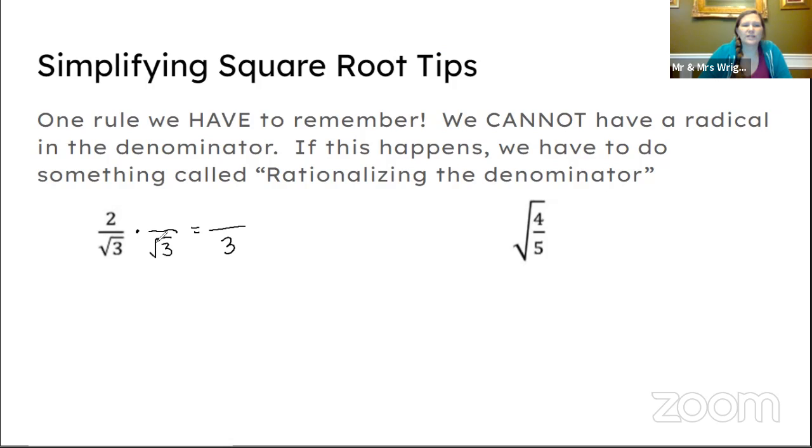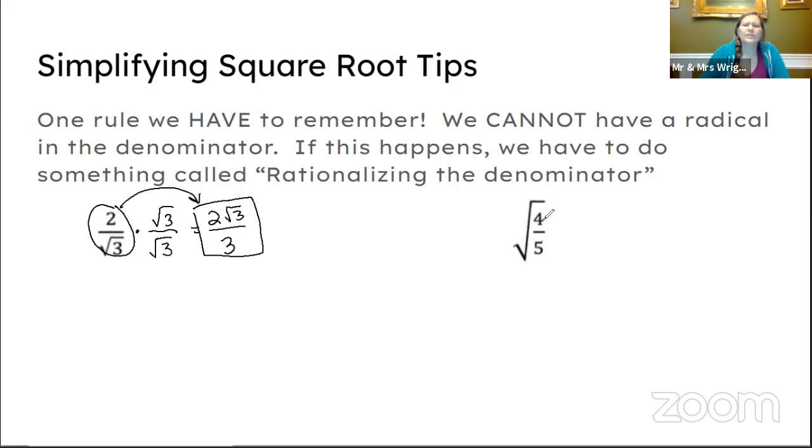So in order to make this a number 1, we also have to put a radical 3 on the top. So 2 times radical 3 is 2 radical 3. So the proper way to write this is going to be 2 radical 3 over 3. Okay, so this is the answer that has been rationalized. This is called rationalizing the denominator.